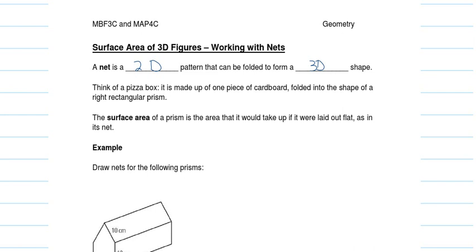If I fold it, it makes my 3D shape. This is called a net. So if I'm going to find the surface area of this prism, I need to find the area of each shape, each square, each rectangle, each shape that makes up this 3D prism.